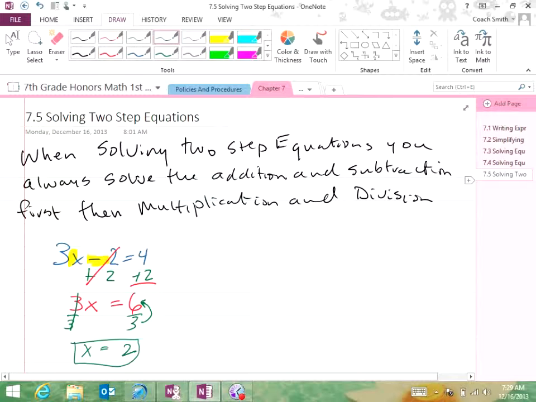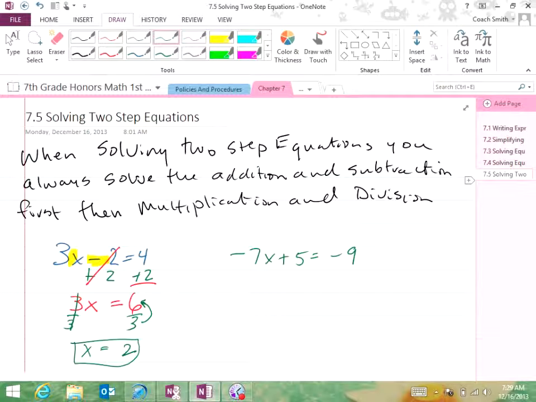Okay. It doesn't change if we have negatives. The process is still the same. Do addition and subtraction, follow the rules for adding or subtracting negatives, and then do your division or multiplication.